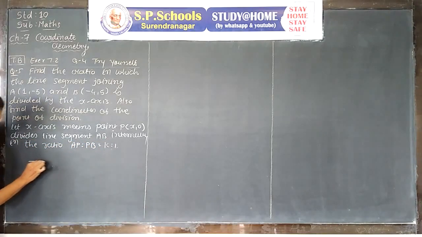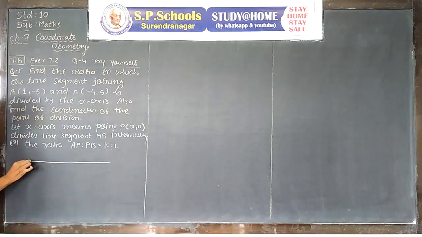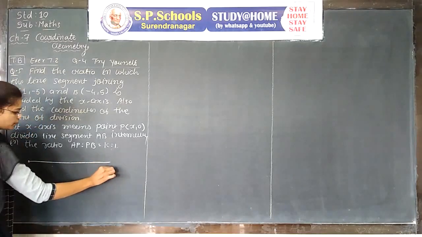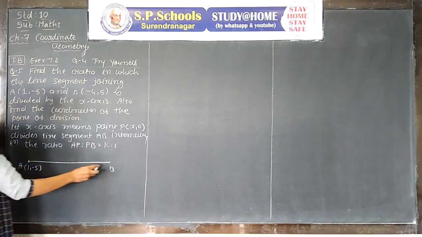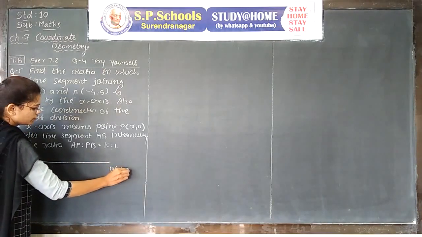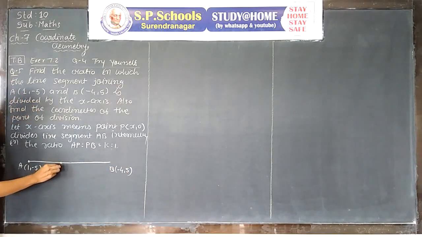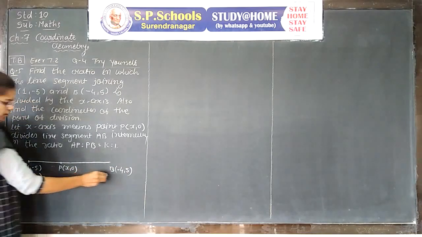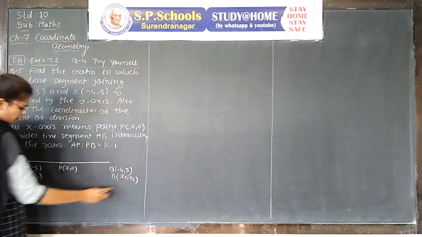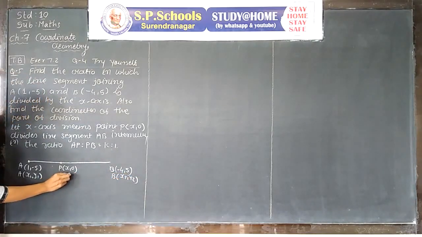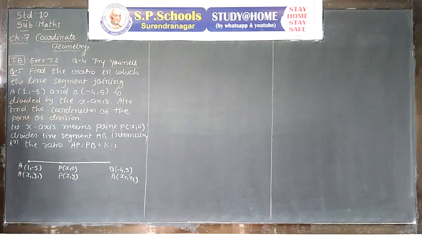We draw one line AB, where A is (1, -5) and B is (-4, 5). The point on the x-axis divides the line segment, which is (x, 0). The first point A is called (x1, y1). The last end point is called (x2, y2) and P is the point of division, called (x, y).